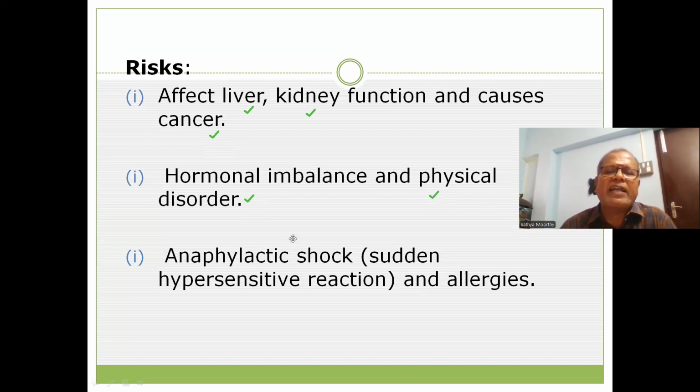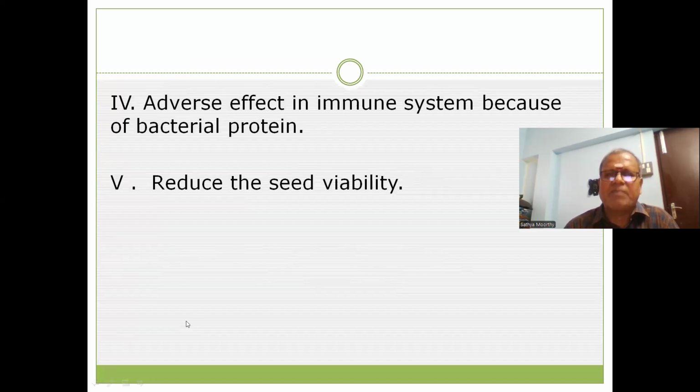And anaphylactic shock, sudden hypersensitive reaction, we are calling it as allergy. Sudden inappropriate excessive response to the stimuli is said to be allergy. It may cause allergy also. Okay, these are all the risks of the GMOs, genetically modified organisms.